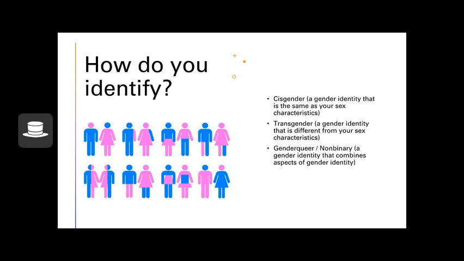So if you meet somebody and they explain to you how they prefer to be referred to, you don't know what's going on with them biologically. And you also don't need to know, right? That's a very personal thing.